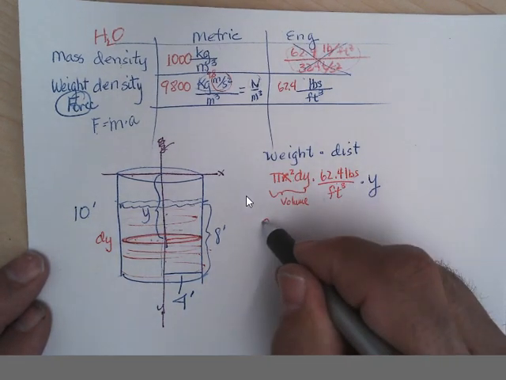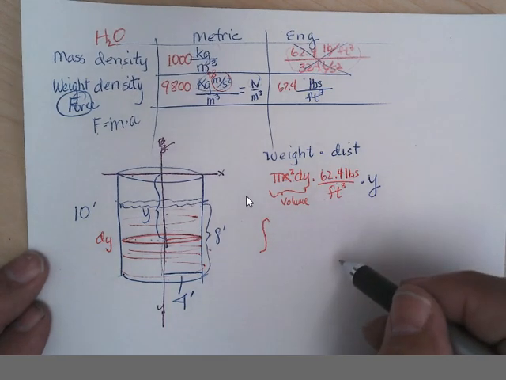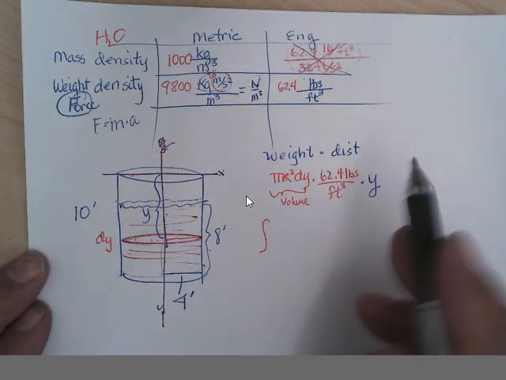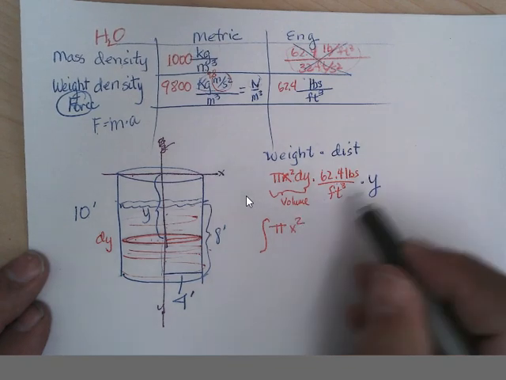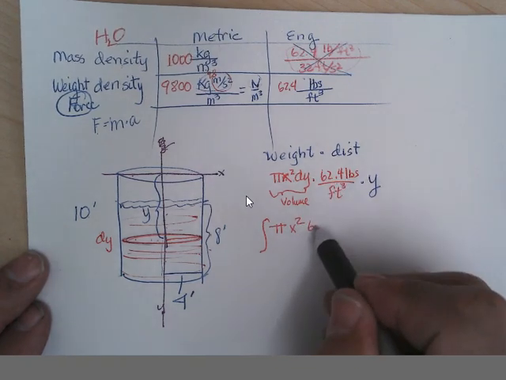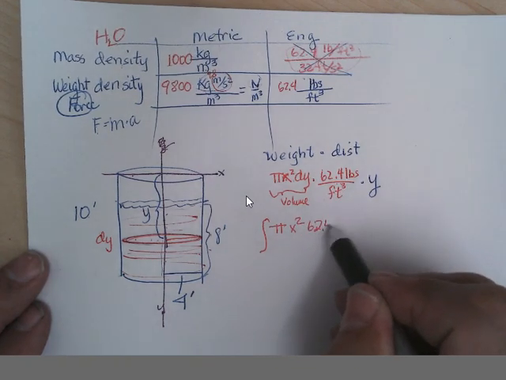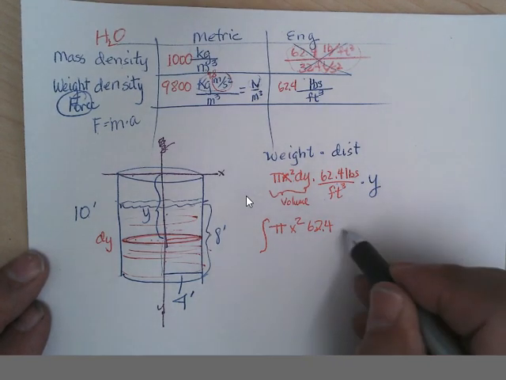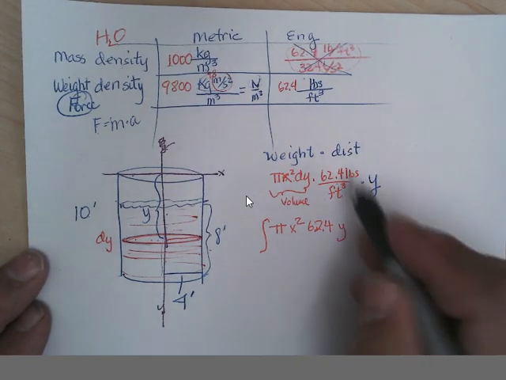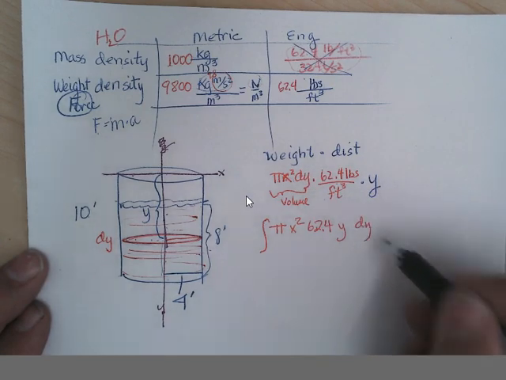So I'm going to add up the work to move all of these up y. So it's going to be pi x squared times 62.4 pounds per cubic foot, then I'm going to lift y, and it's times dy.